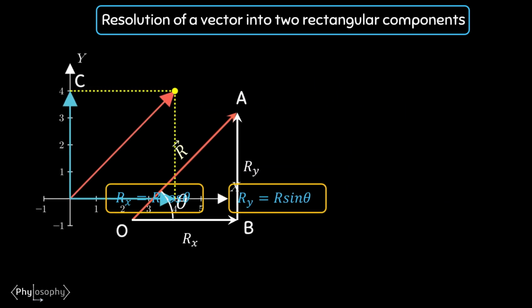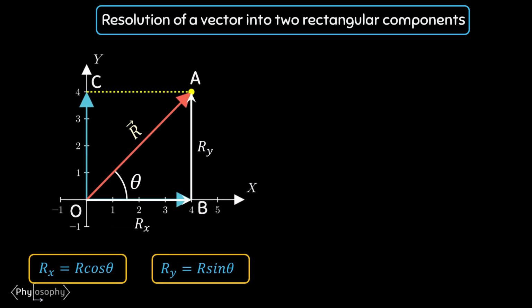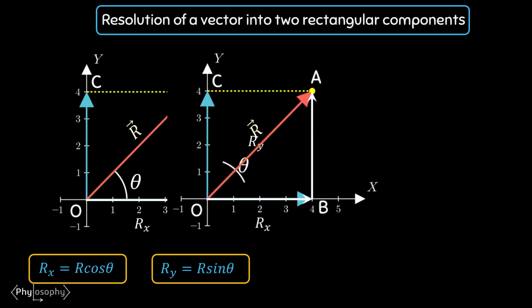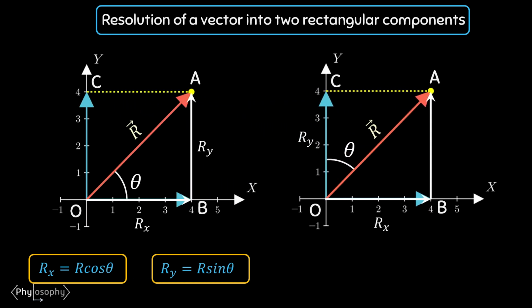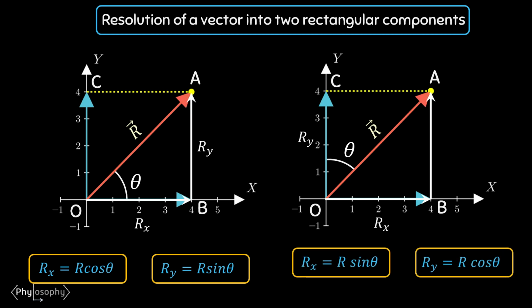Now notice that here we considered that the vector r makes the angle theta with the x-axis, and we got the magnitudes of the two components of this vector as Rx equal to R cos theta and Ry equal to R sin theta. But if the vector r makes this angle with the y-axis, then Rx will be R sin theta and Ry will be R cos theta.